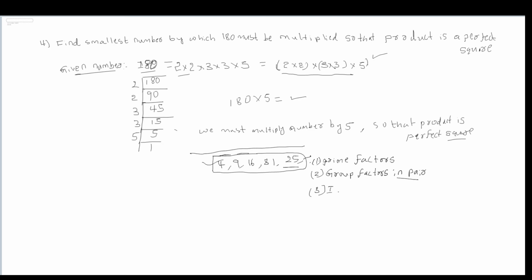If factors are left over, then the given number is not a perfect square. If the factors are all used up, the given number is a perfect square.